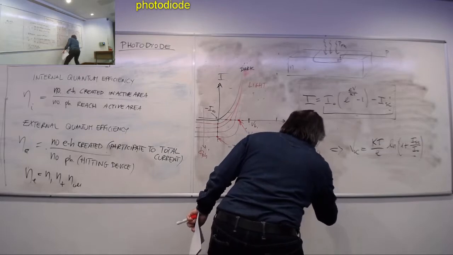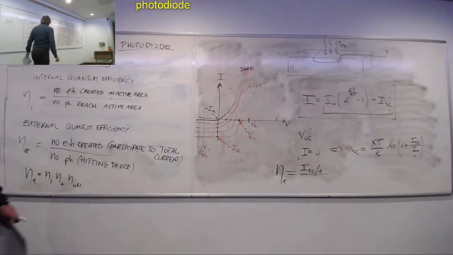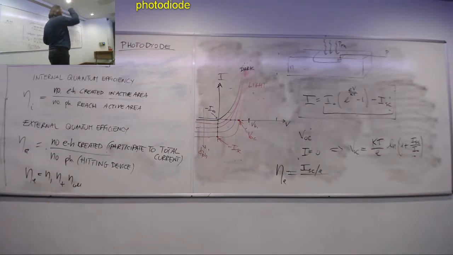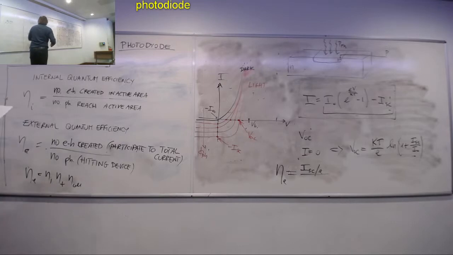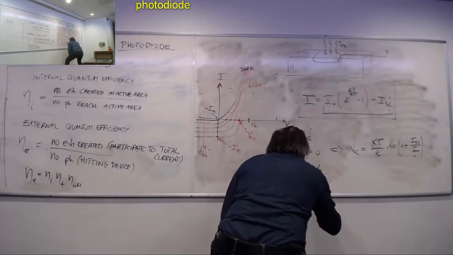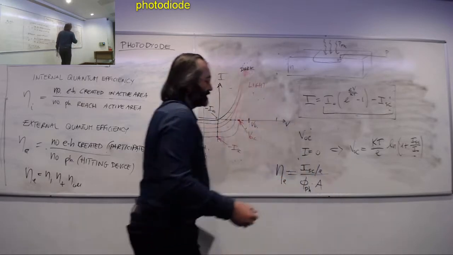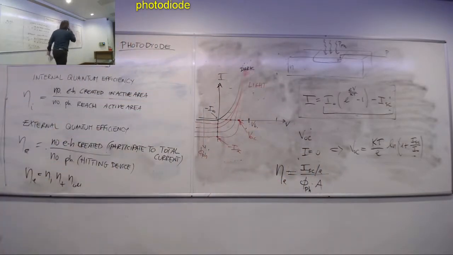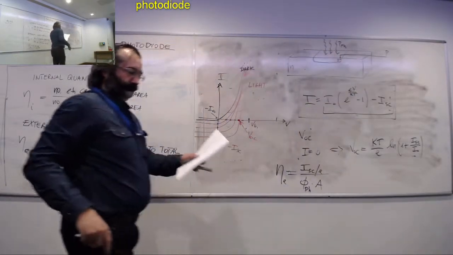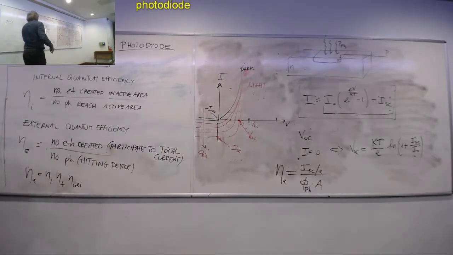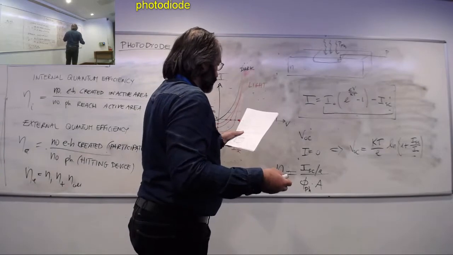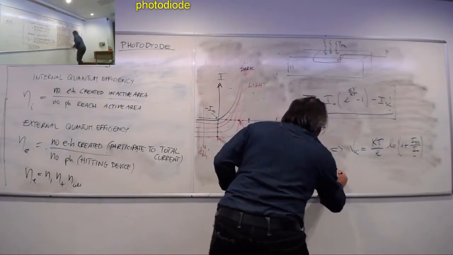over E, divided by the number of photons that externally are hitting the device. And so this is, as we've seen previously, the photon flux times the active area of the device, that in this case is this area here. That we can write also in this way.